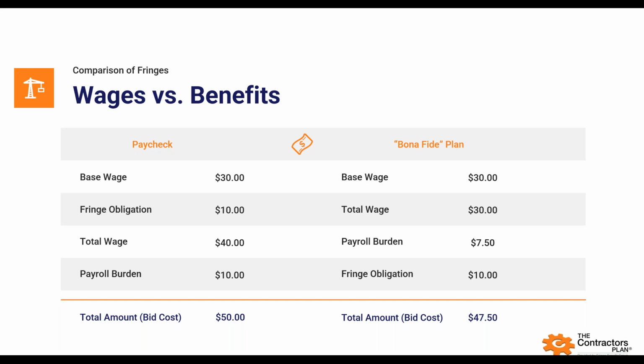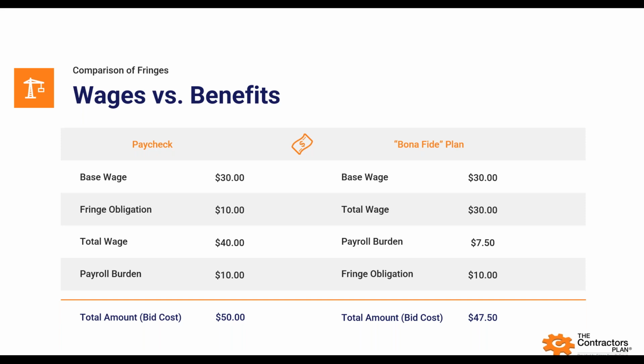Now, obviously, it's more complicated than that. You've got overhead and other pieces that might go into your burden, but I'm just trying to illustrate the difference in the fringe obligation. So on the right, you've got a bona fide plan. This is what unions do. You've got a base wage of $30. You've got a total wage now of $30.